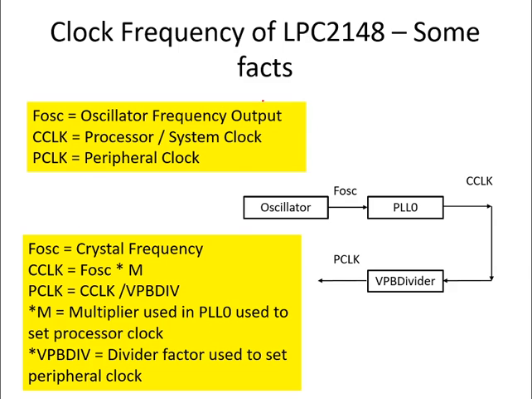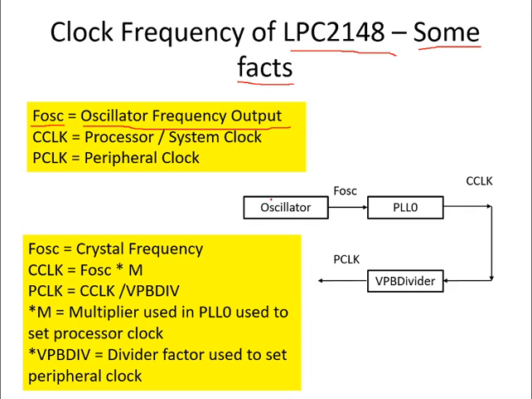Now, clock frequency of LPC 2148. First we will see some facts about the LPC 2148, and then we will see how to take the internal clock signal for generating the clock signal for the RTC. So we will see some terms related to the clock frequency of LPC 2148. The first term is F oscillator. F oscillator is the oscillator frequency output.